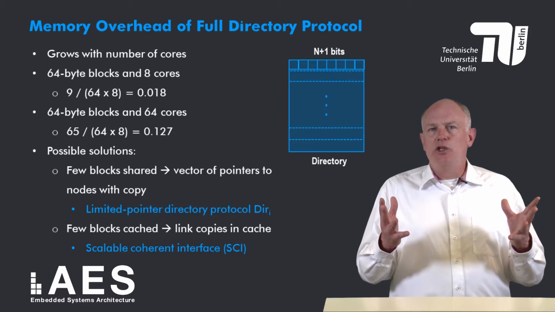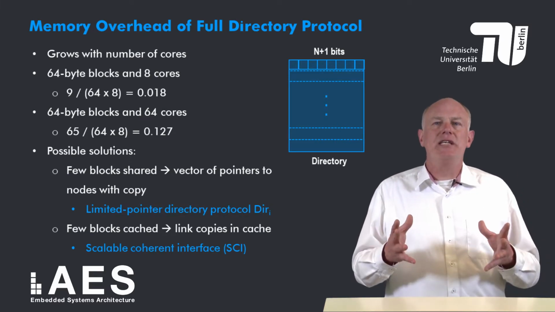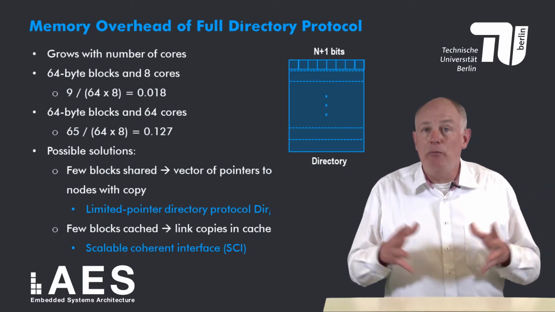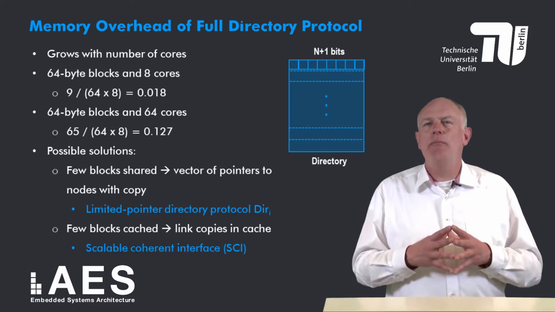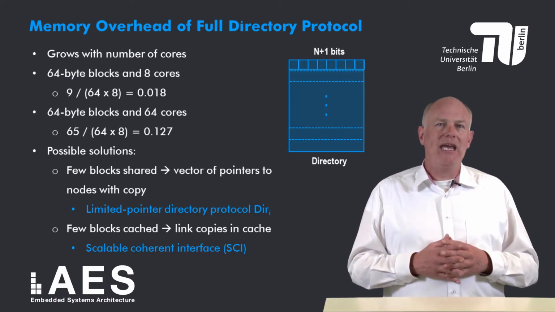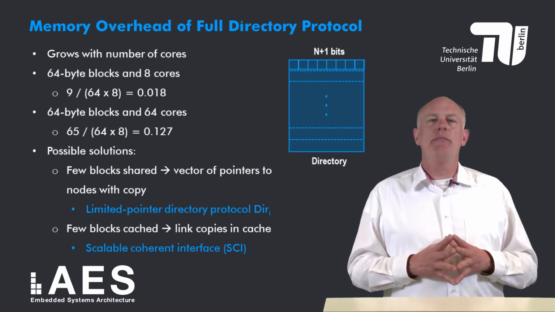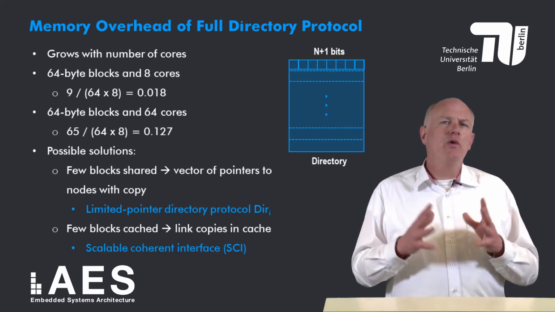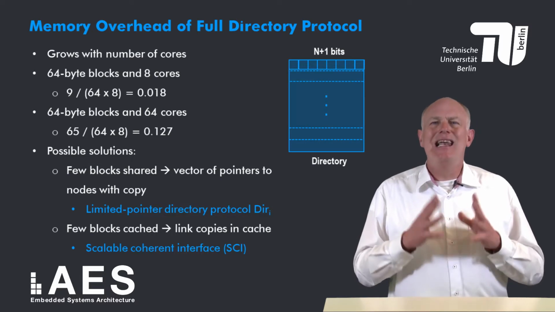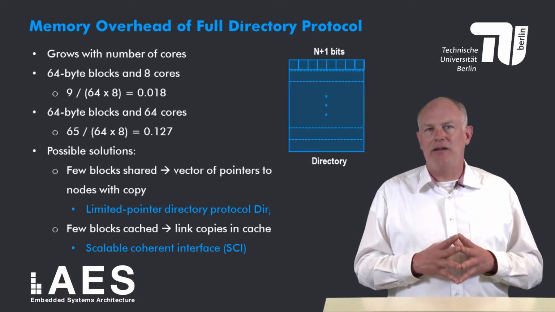The second solution is based on the observation that while there are many memory blocks, at any time relatively few of them will be cached, since the cache size is much smaller than the memory size. The solution based on this observation links the cache copies in a linked list.